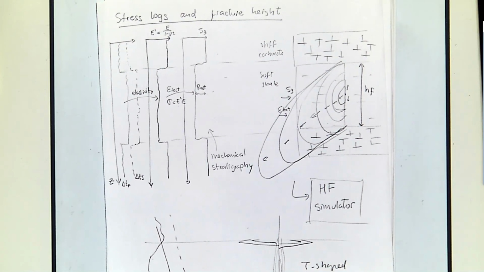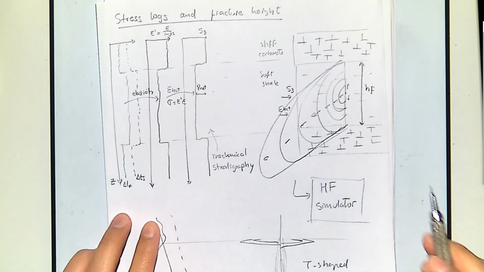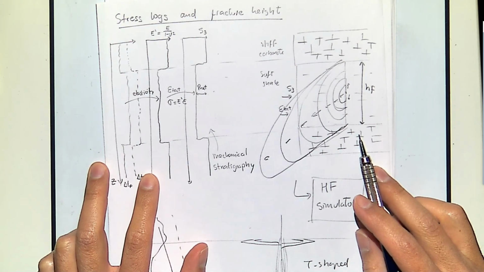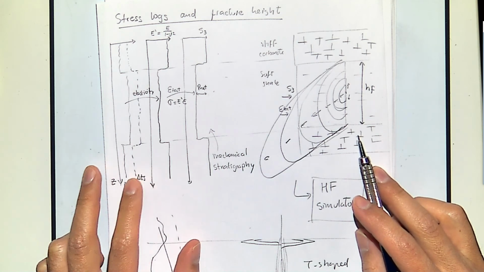From Monday, if you remember, we finished talking about modern hydraulic fracture simulators. And I just want you to remember that everything that is in there is mechanics, to see how fractures are going to be contained in the vertical direction.